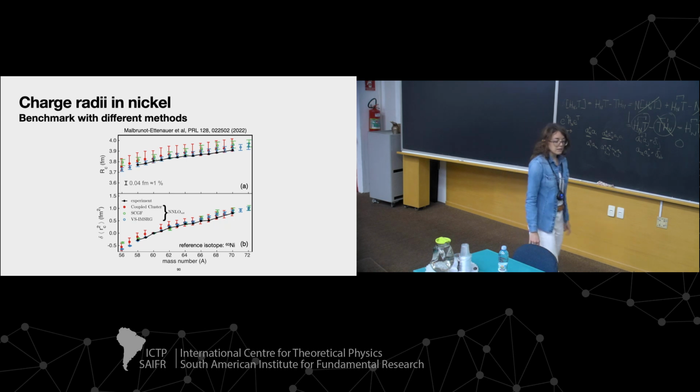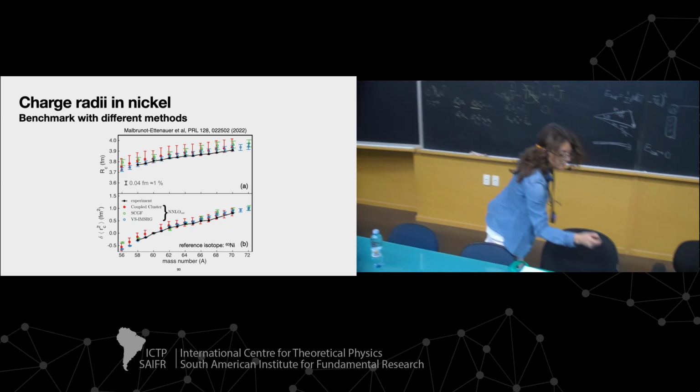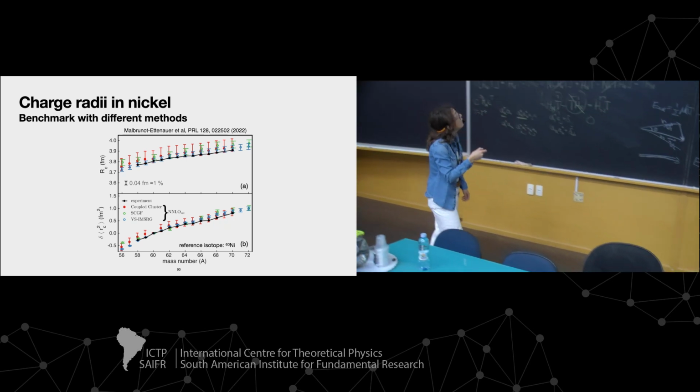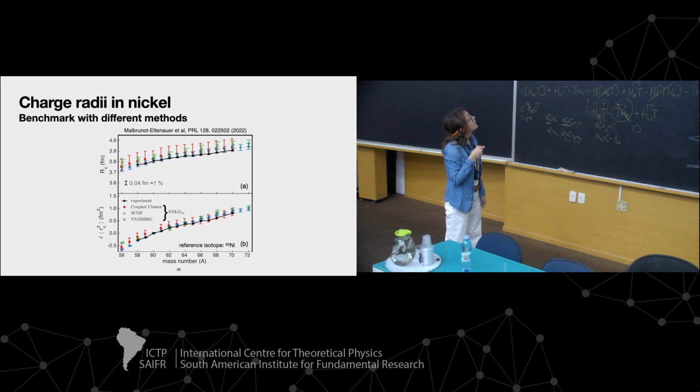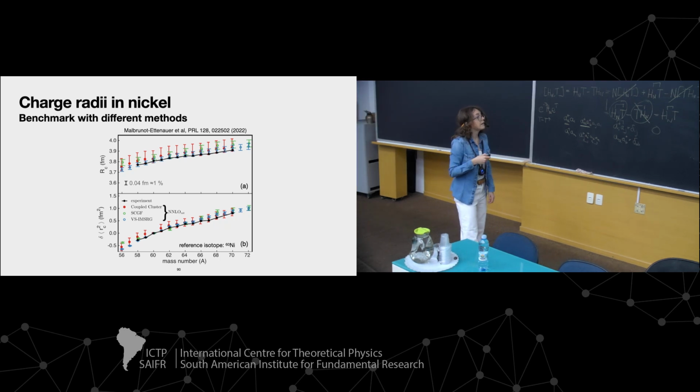What you see in these two plots is, on top, the experimental data in black, the coupled cluster predictions in red, and then we have two other ab-initio methods, valence space IMSRG and self-consistent Green's function, with the other two colors. They all use one specific chiral interaction.